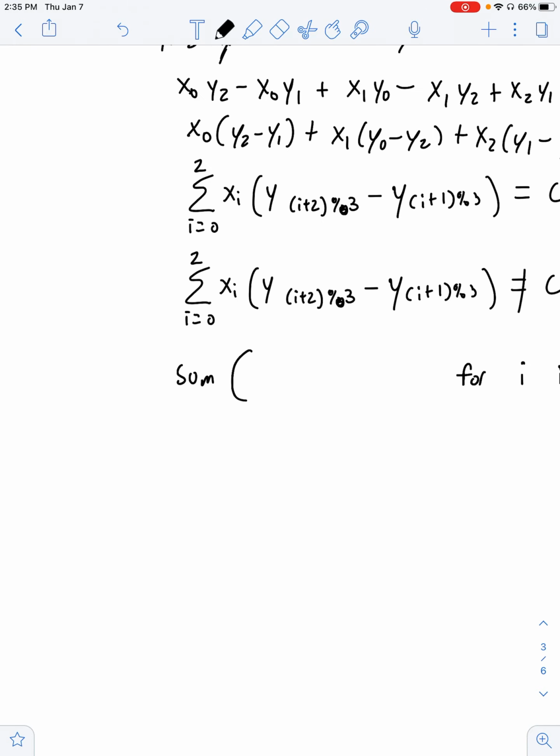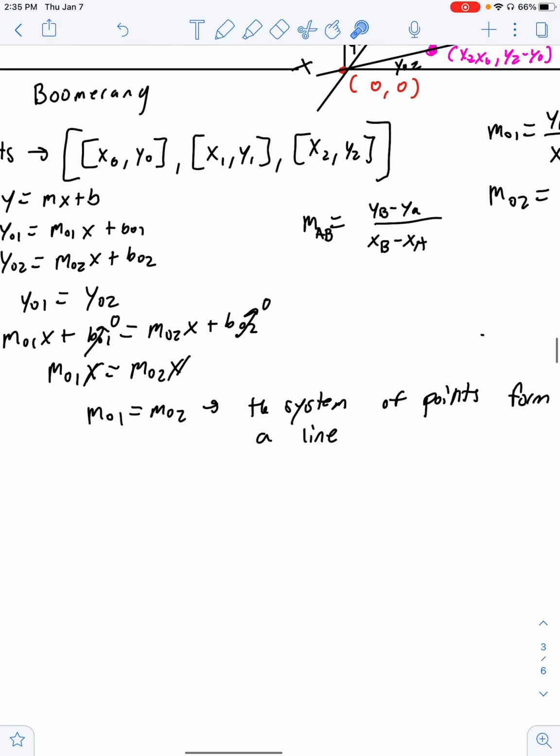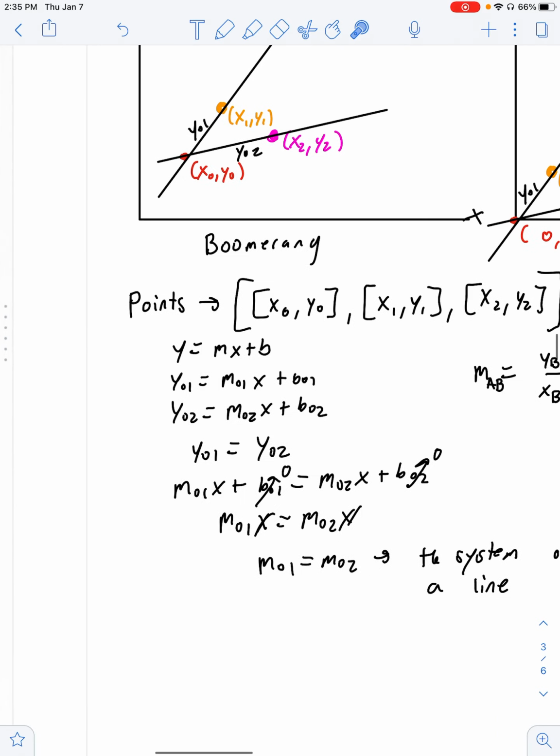All right, we're going to want to multiply x to the i. So how do we get x to the i from our input points?